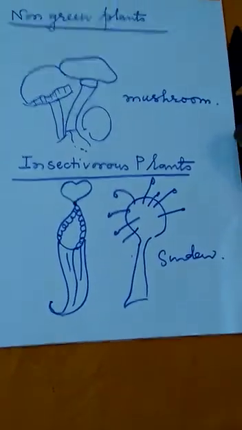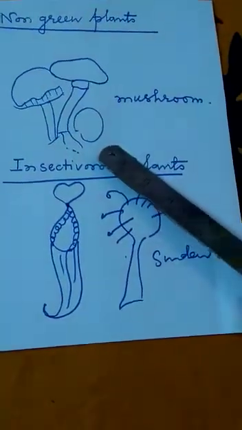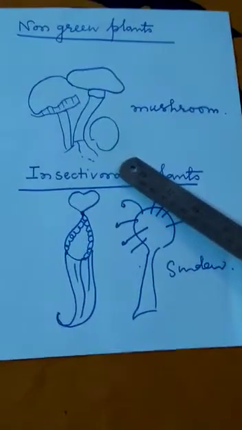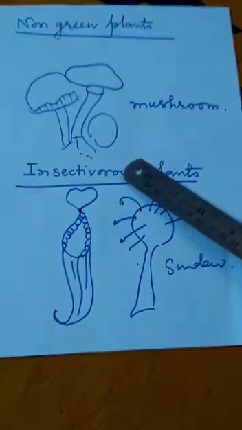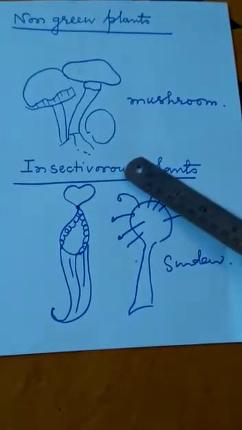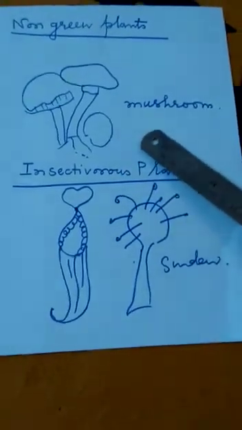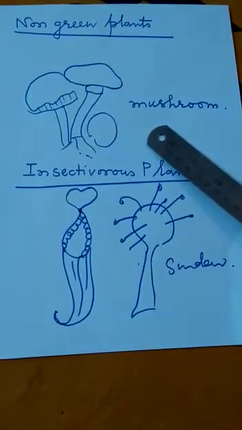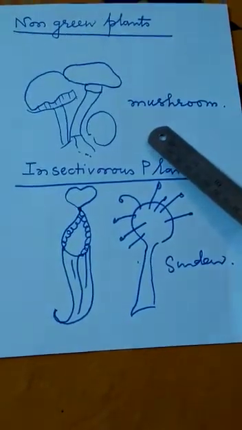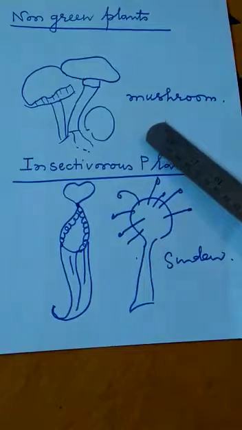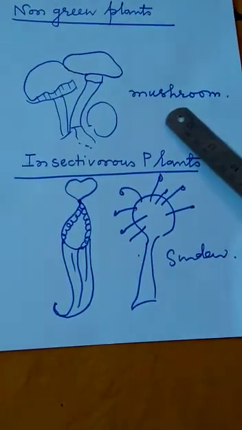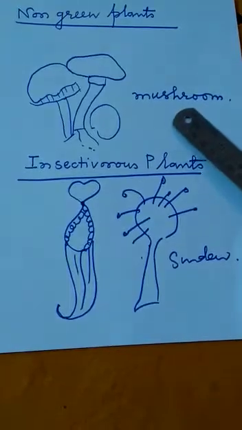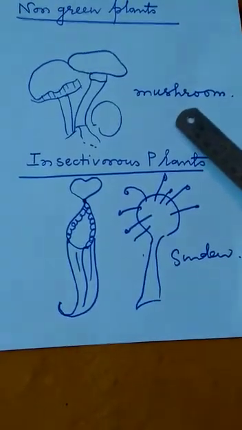Mushrooms have very thin root-like structures that go deep into the soil, and these help them absorb food from the soil. Fungi are non-green plants. They do not have chlorophyll to capture sunlight to make food. So they are saprophytic plants, always dependent on dead and decaying organic substances for their survival.